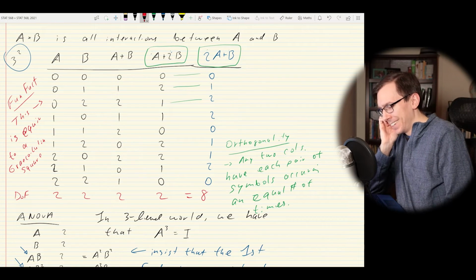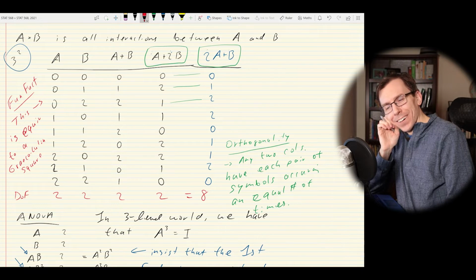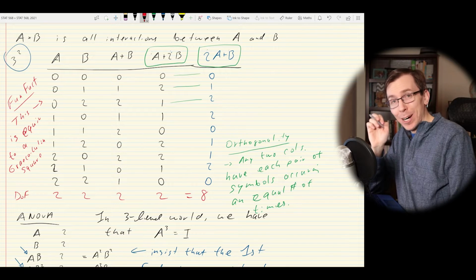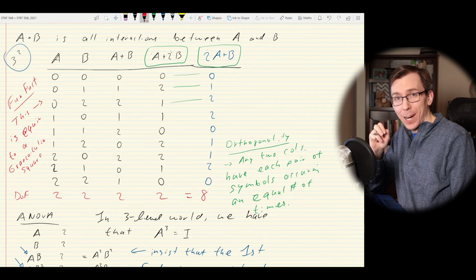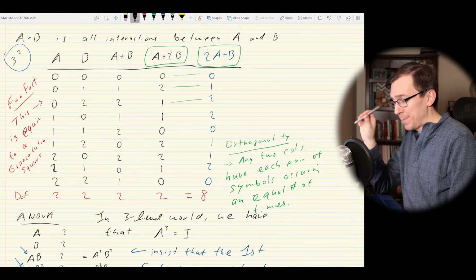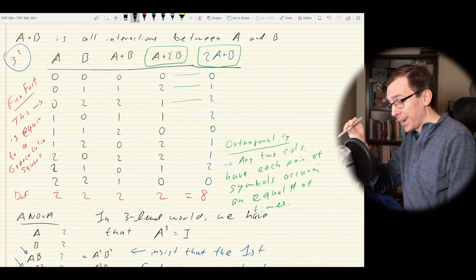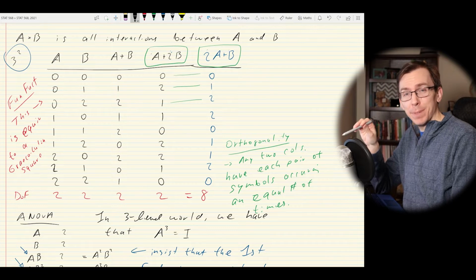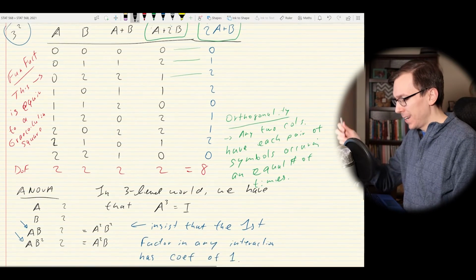So if you stare at that, you think to yourself, well, wait, how in the world is that a Greco-Latin square? I'm not seeing it. Well, let's try to figure out what I mean by that. Why would this be equivalent to a Greco-Latin square? Well, consider A and B to be rows and columns.